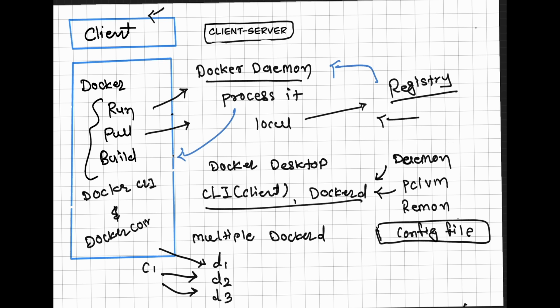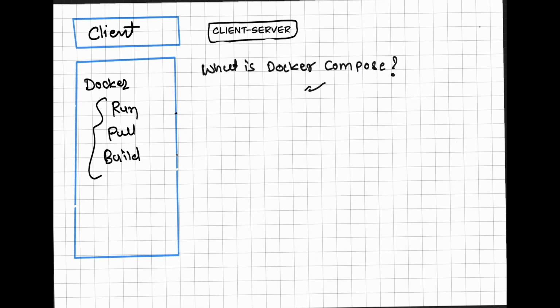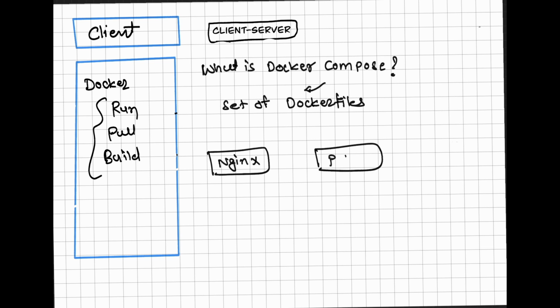If you want to see what Docker Compose is, so let's see what is Docker Compose. Docker Compose is basically a set of Docker files. So you do not need to carry individual Docker images and run them individually. Let's assume that you have an Nginx Docker image and a PostgreSQL Docker image.